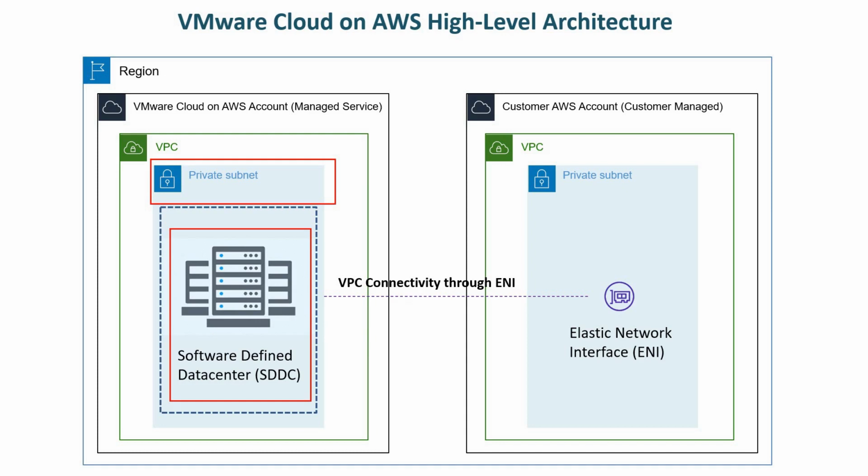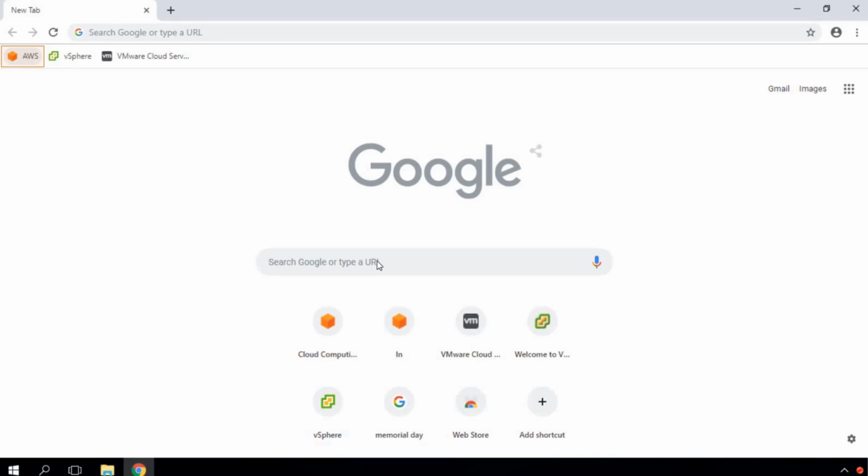So these two pre-configurations we have to do before we deploy our VMware Cloud on AWS SDDC. Let me walk you through the VMware hands-on lab, which really helps us understand AWS constructs such as VPC creation and AWS subnet creation before deploying our VMware Cloud on AWS SDDC.